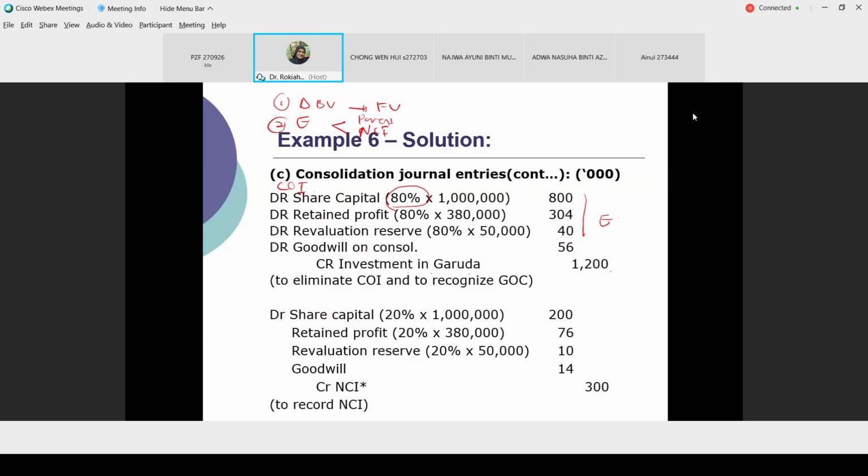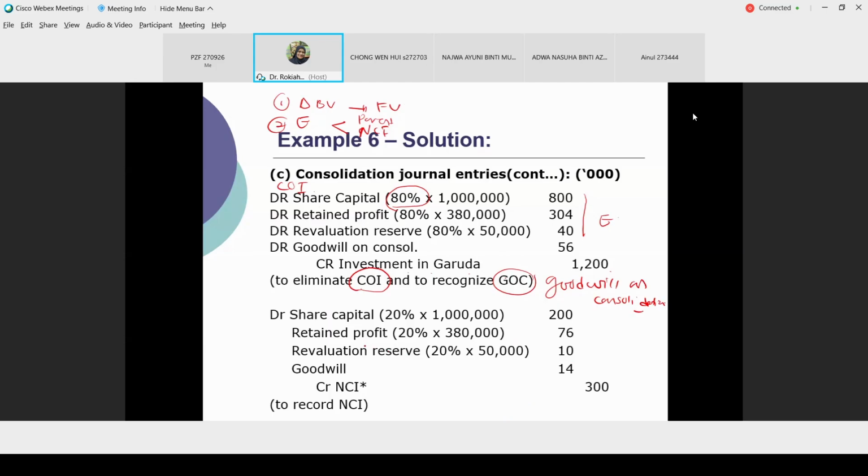And then the goodwill on consolidation, the one that we already calculated previously, you have 56 for our parent. This one is to eliminate COI and recognize goodwill. GOC here is goodwill on consolidation, to recognize the goodwill.